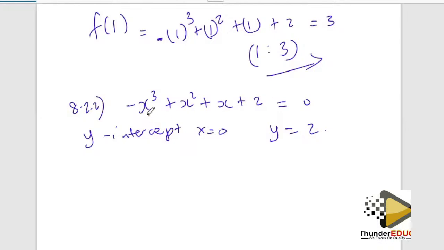If I use 2, that's going to be -8 plus 4 plus 2 plus 2, which is 0. Perfect, so it means x must be a 2. Do I need to use the synthetic method? Yeah, I can.